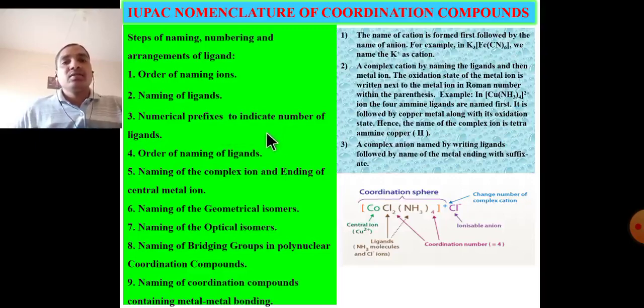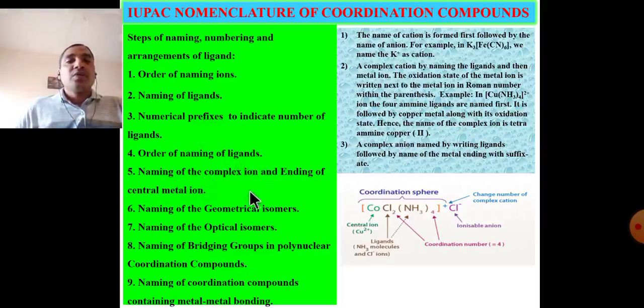For simple ligands, mono is omitted, but di, tri, tetra, penta, hexa, hepta, nona and deca are the prefixes used before the ligand. Order of naming of ligands: ligands are named alphabetically first, and then the remaining.